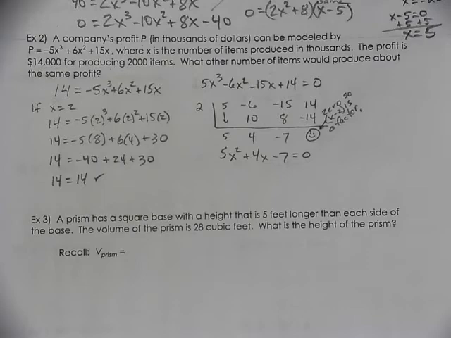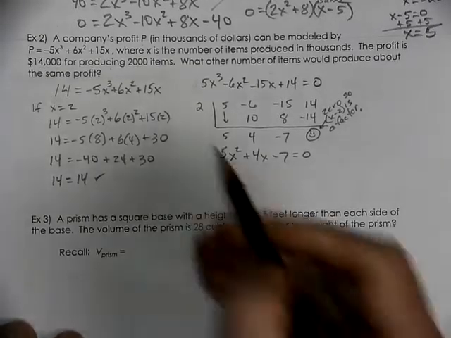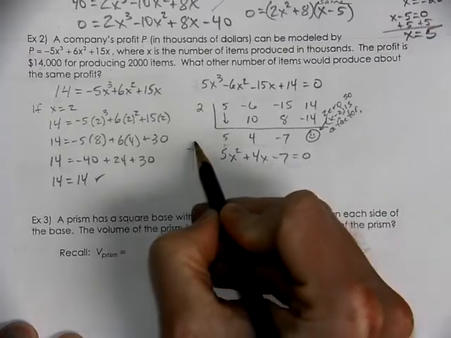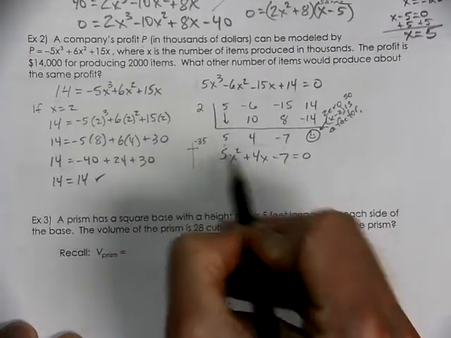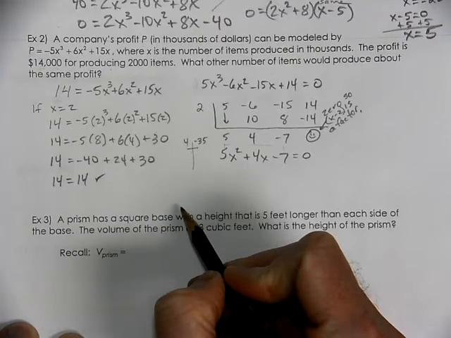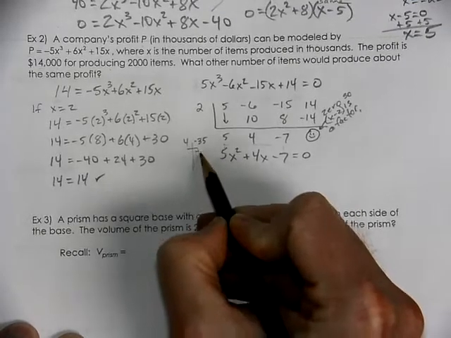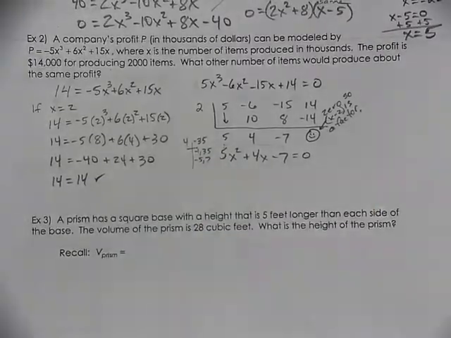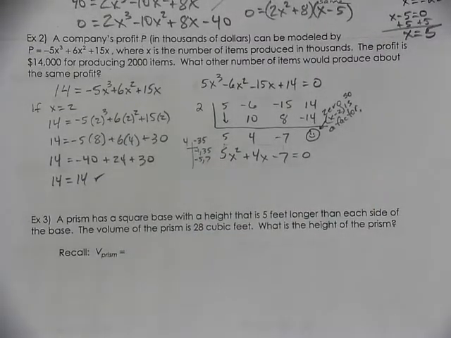Unfortunately, this is not factorable. When you look at 5 times negative 7, you get negative 35. That adds to be 4. So negative 1 and 35, negative 5 and 7. Those are the only factors to get to 35. So we can't solve this by factoring.